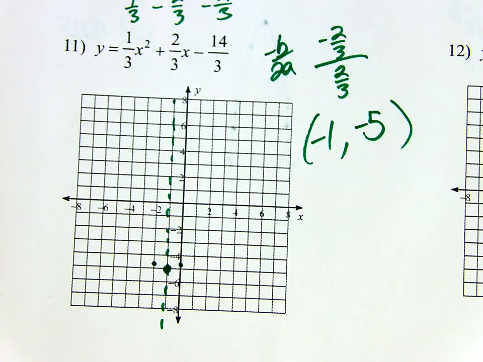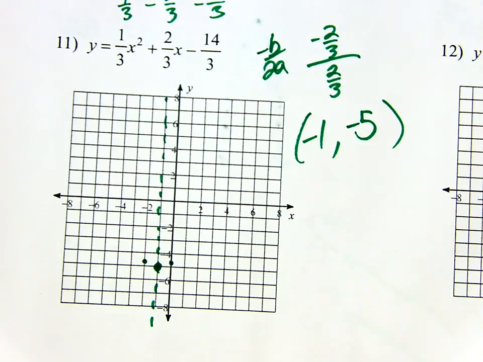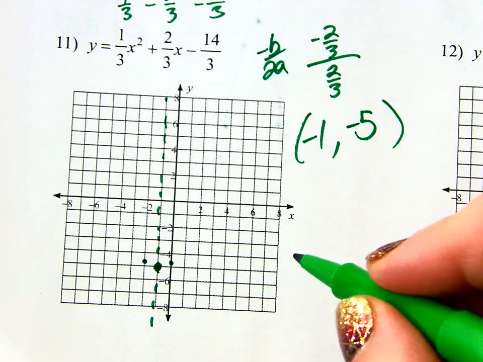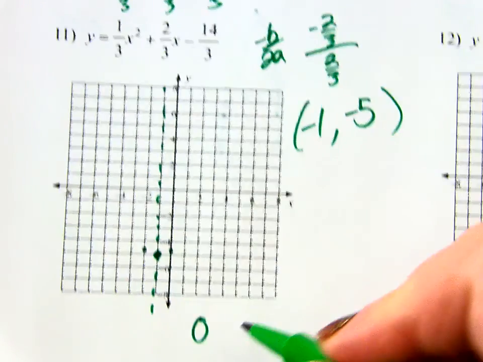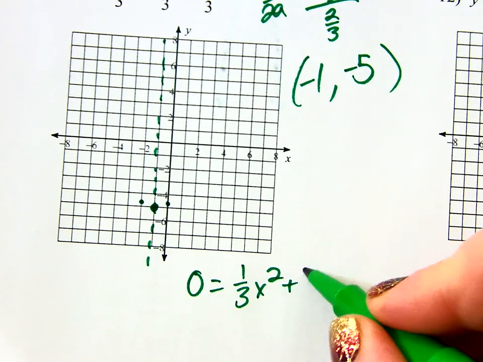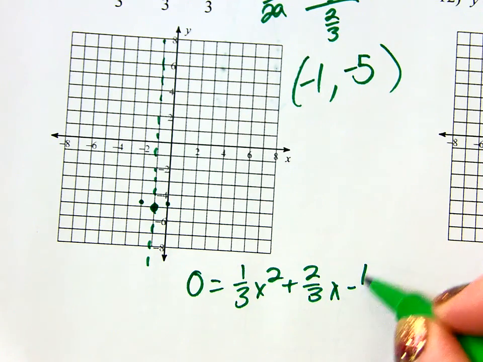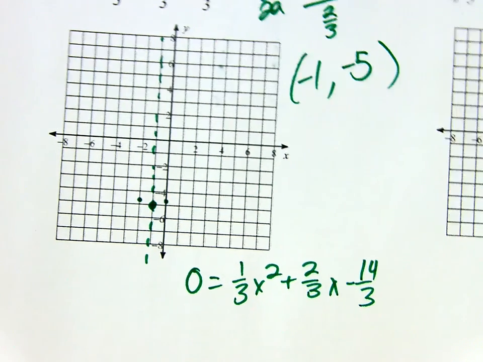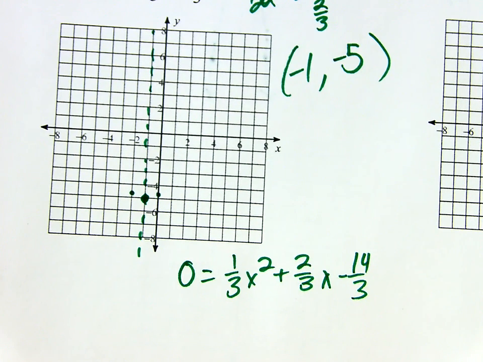Here, maybe it would be helpful to find the x-intercepts. I think so. So if I want to find the x-intercepts, here I can clear the fractions. So I can replace y with a 0. So I'll just write it out. So you have 1/3 x squared plus 2/3 x minus 14/3. But now, can't I multiply everything by 3?